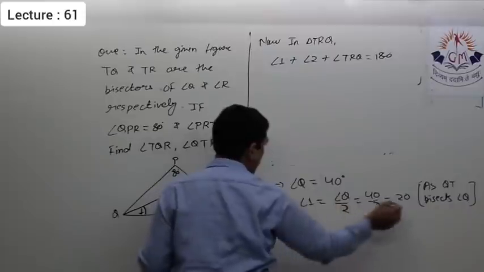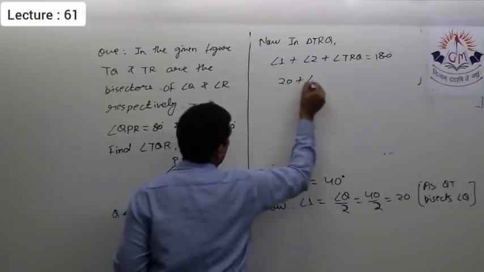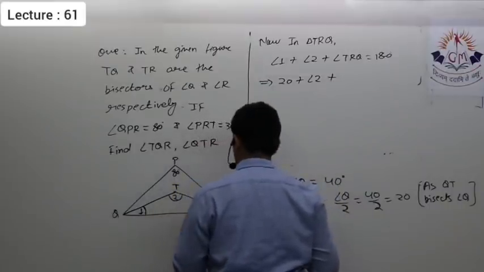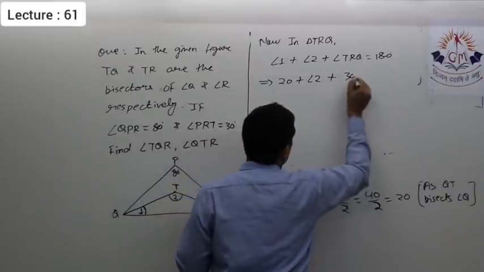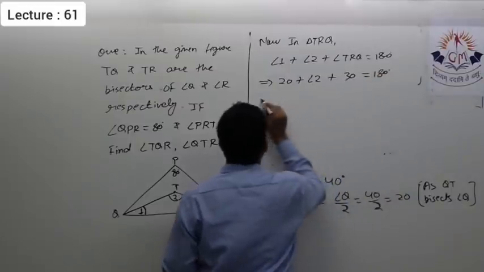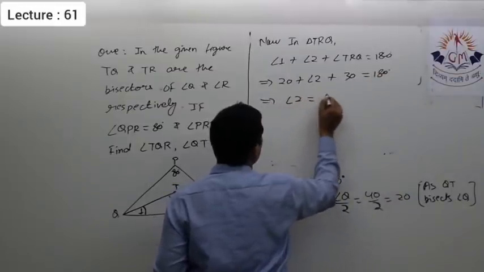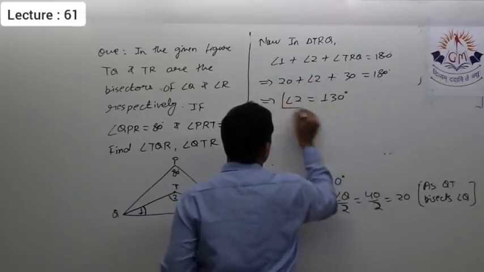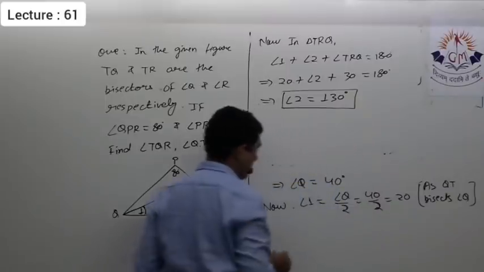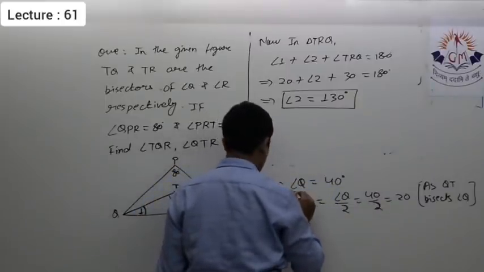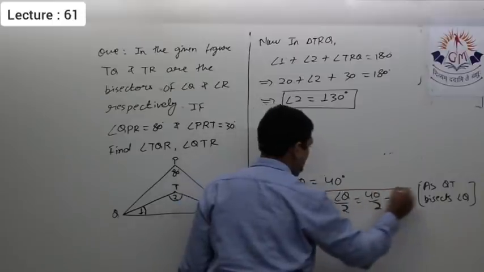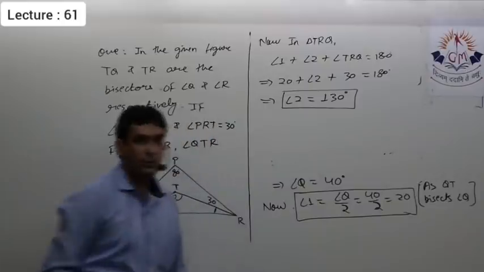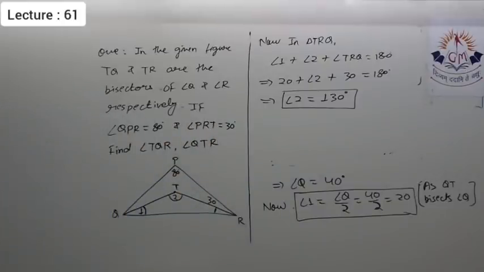Angle 1 we have measured, that is 20. Angle 2 we have to find. Angle TRQ was 30 degree, and the sum is equal to 180. Therefore I can say angle 2 is equal to 180 minus 50, that is 130 degree. So here we obtain angle 2 also, and this was angle 1. These two angles were asked to find. Please note it down, then we'll see the next question.